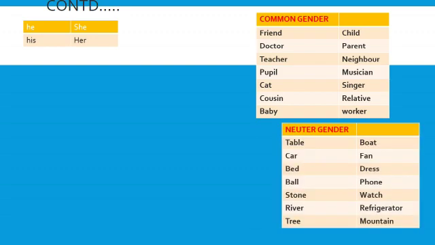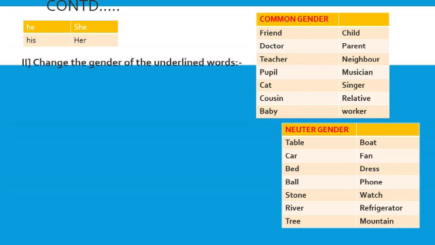And the next one is neuter gender. Neuter gender means all lifeless things, non-living things. Table, car, bed, ball, stone, river, tree, boat, fan, dress, phone, watch, refrigerator, mountains. So all these things which do not have life fall under neuter gender.